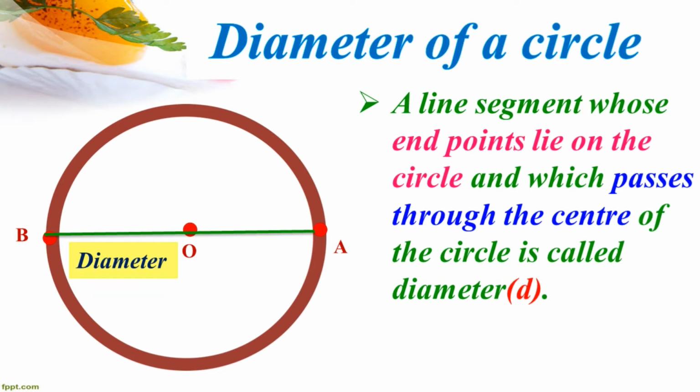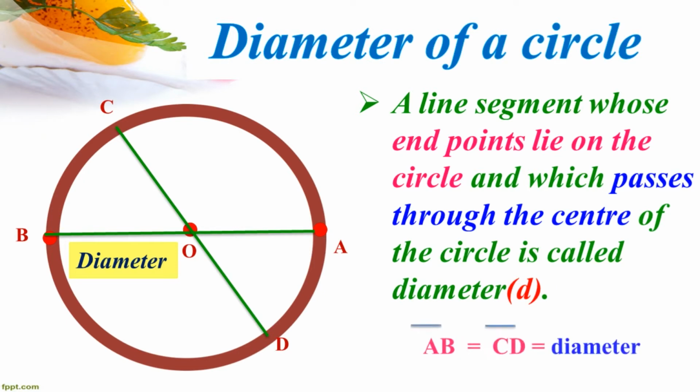Here also all the diameters are equal in length. Another diameter is CD. Therefore the diameters AB and CD are equal.